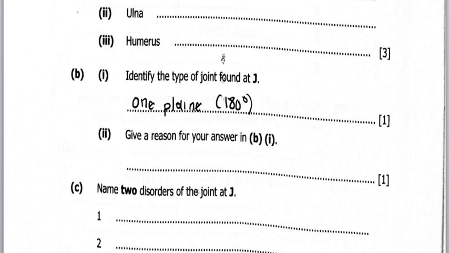Alright, then name two disorders of the joint at J. Disorders of the hinge joint, one of them is called dislocation, when a joint has moved out of its position.